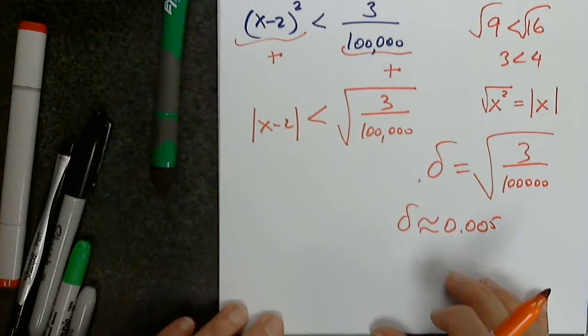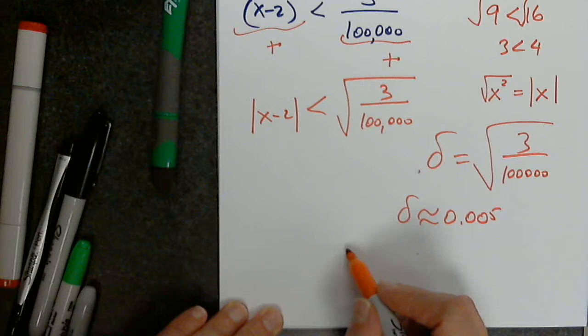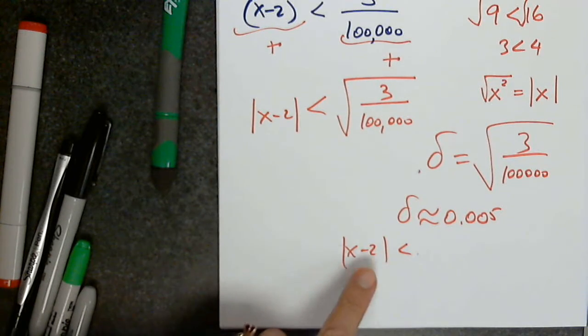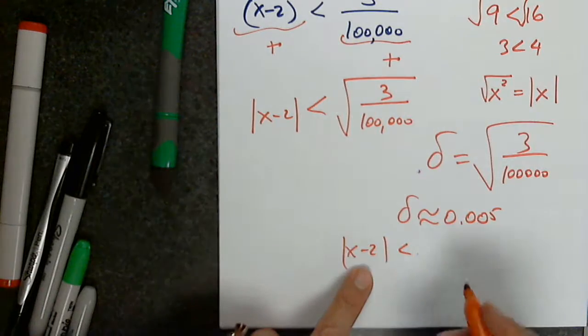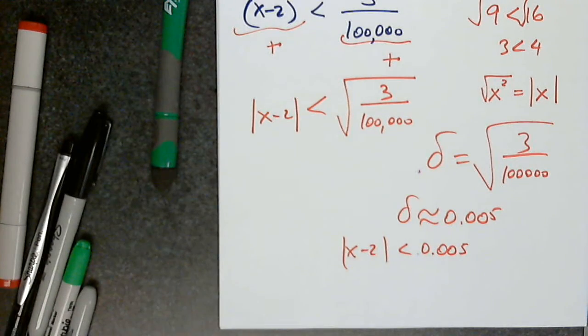0.005? Okay, so I have to choose x on the left or on the right-hand side of 2, not further away than 2.005 or 2 minus 0.005.